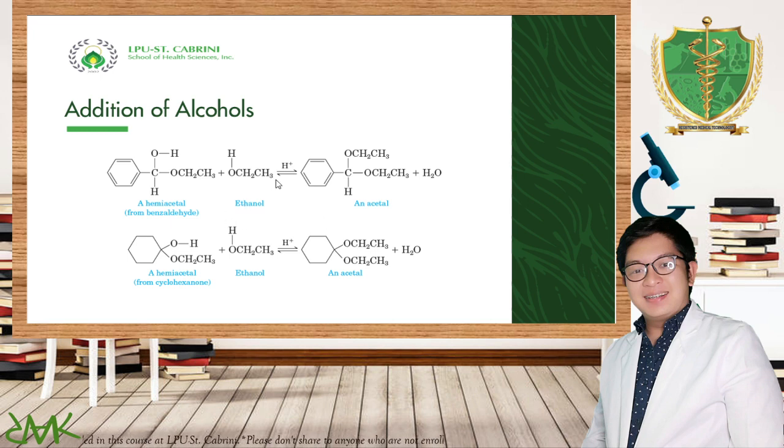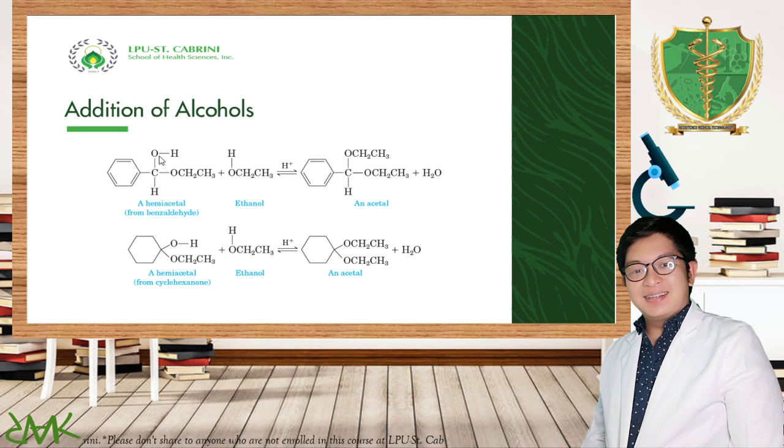Ethanol, an alcohol, will lose hydrogen. This hemiacetal will lose hydrogen. The OR group of our ethanol, I'm sorry, the alkyl group of our alcohol will attach to the oxygen, forming another ether.